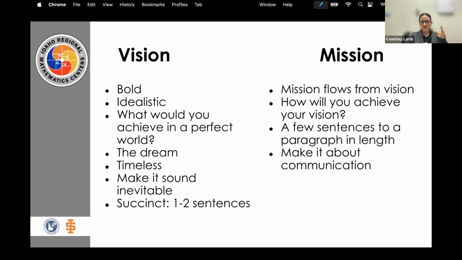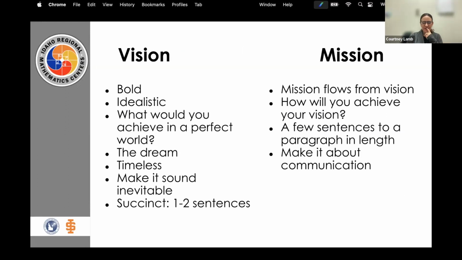Okay, bold. So that third bullet under vision: what would you achieve in a perfect world? What is the dream? You often want to make it something timeless, that even if time changes, this is still going to be your vision, unless you achieve it, which a lot of times is too bold to be achieved, but you want to make it sound inevitable. This is what we want to do.